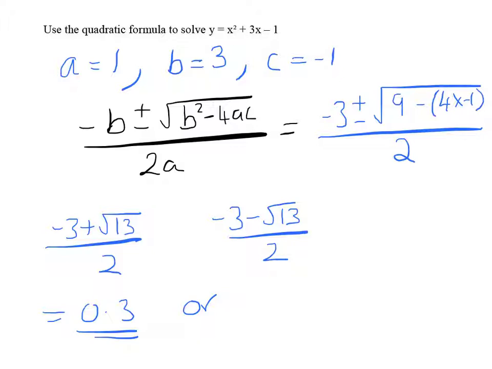And I've got negative 3 minus root 13 divided by 2, which is minus 3.3.